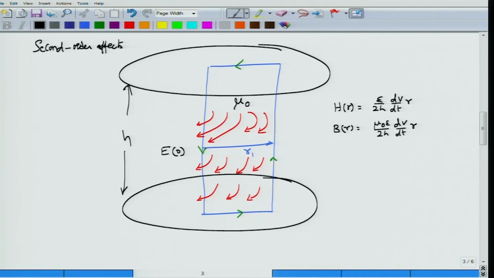The electric field at the center is vertically down and is given by E of 0. This was the same E0 that we found from the 0th order, given by V of t by h.